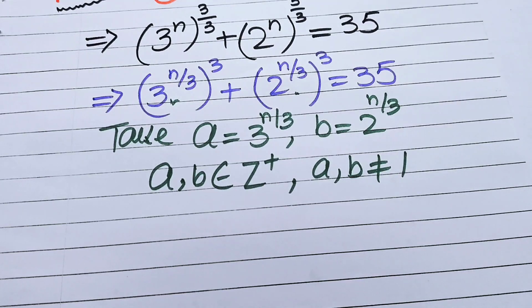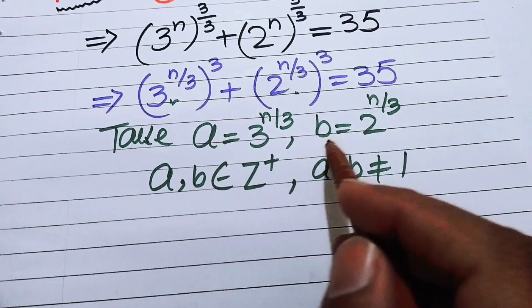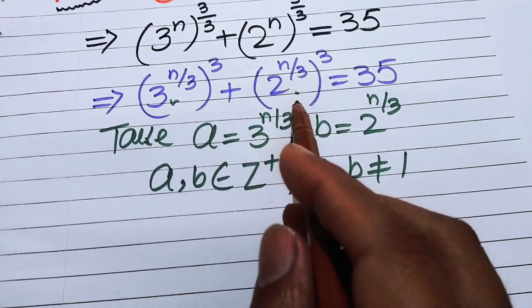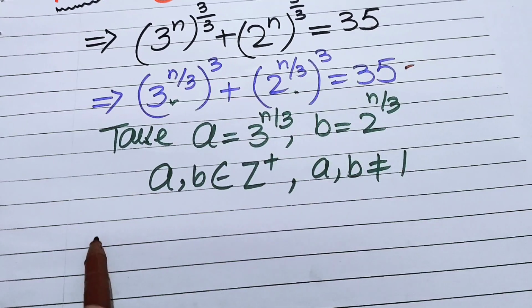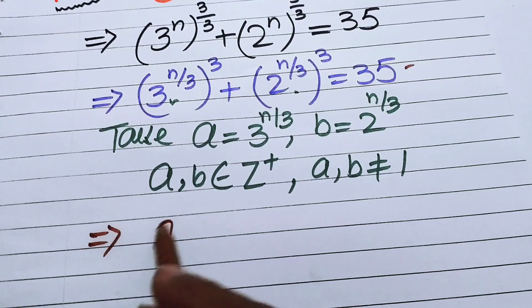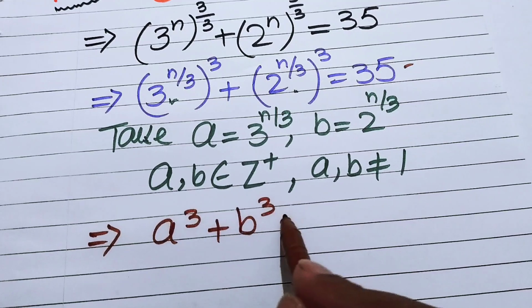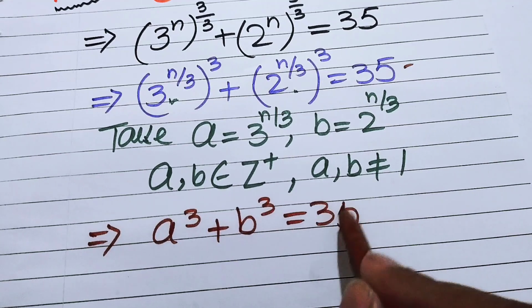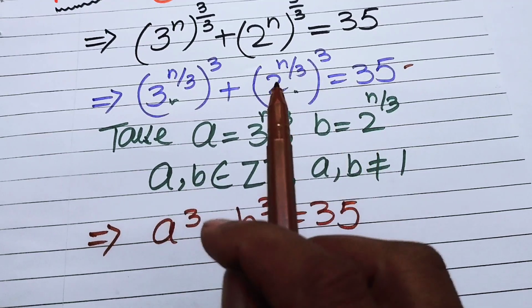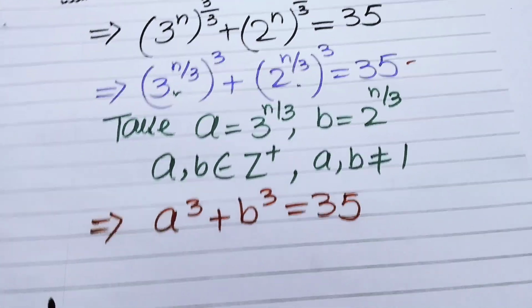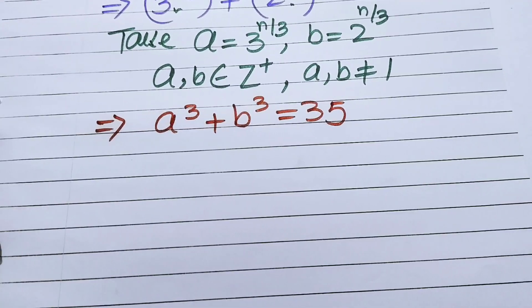In the next step we will write these values in this equation, so our equation becomes a cubed plus b cubed equals 35. We substitute these two values in this equation, and we obtain this nice cubic equation.